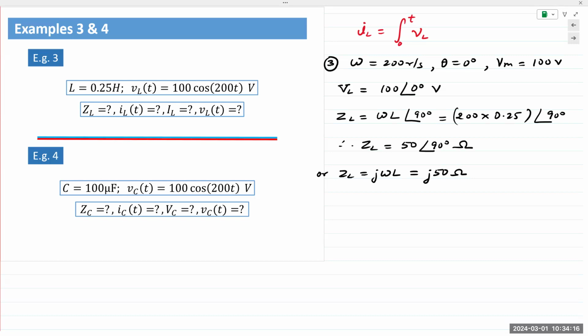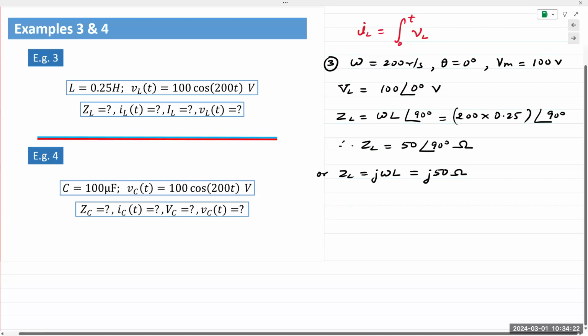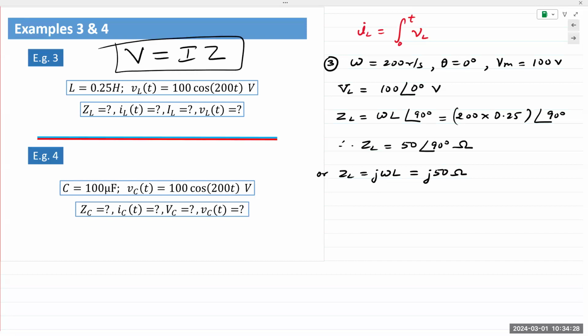And then the phasor for the inductor current IL, let me write that, we are going to apply Ohm's law. V equals IZ. So the IL phasor is VL over ZL.